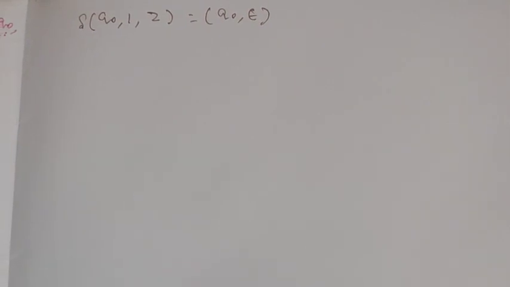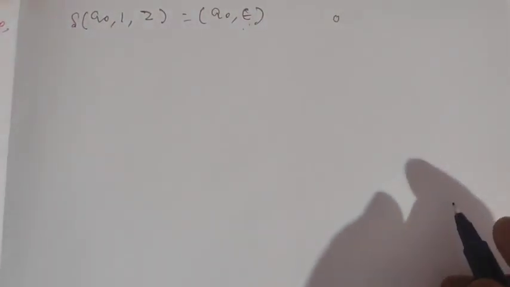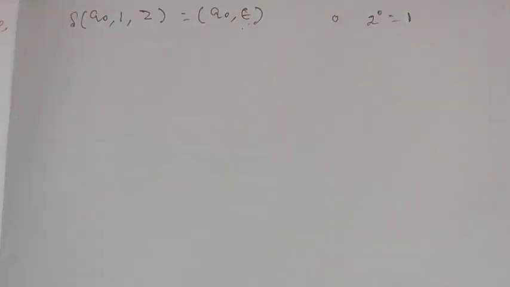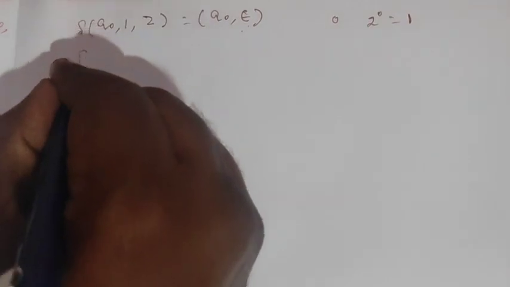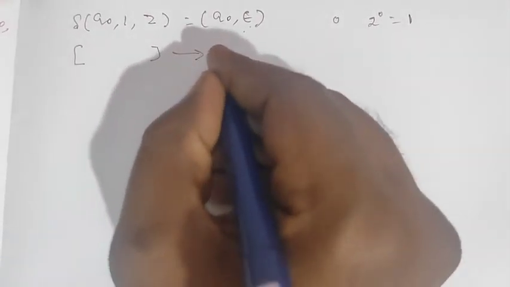This is a very crucial function. Since you have epsilon, the length of the string is 0. So 2 to the power of 0 is equal to 1. That means you should have only one production. So write it here, only one production should be there.